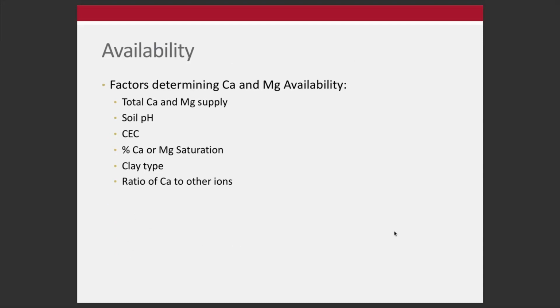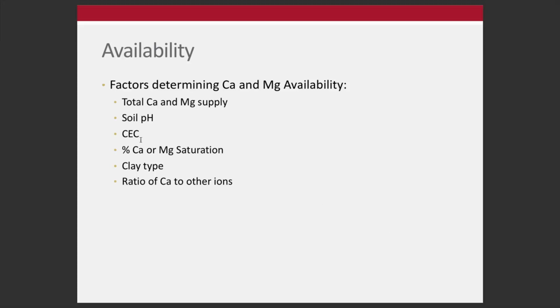Some of that will be driven by soil pH, of course. With highly acidic soils, there's going to be a lot more aluminum and hydrogen occupying those exchange sites. Higher CECs are going to have a much greater capacity to hold calcium and magnesium, and so typically we would assume lower CEC soils would be the first to have issues if there were issues.